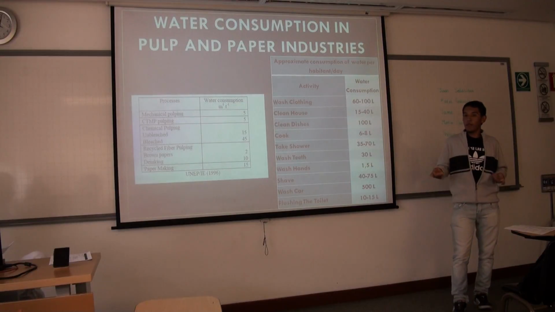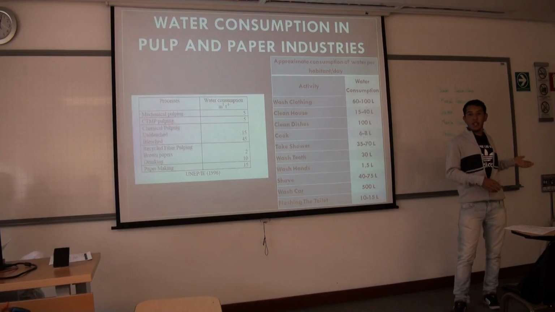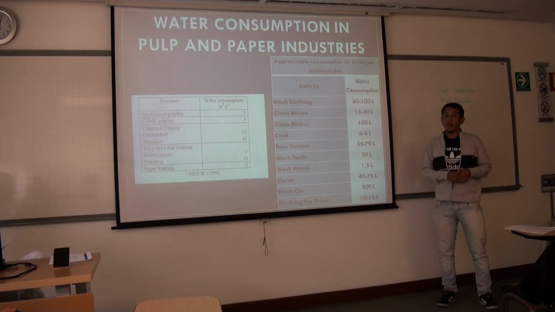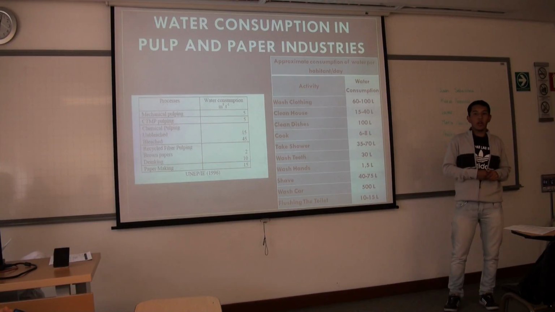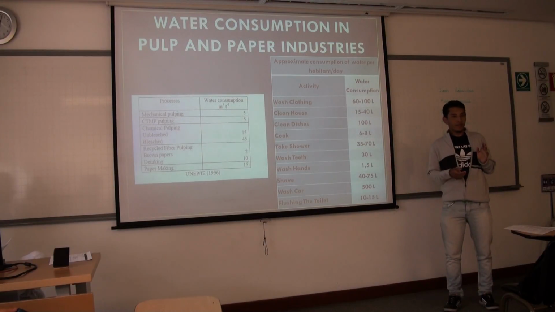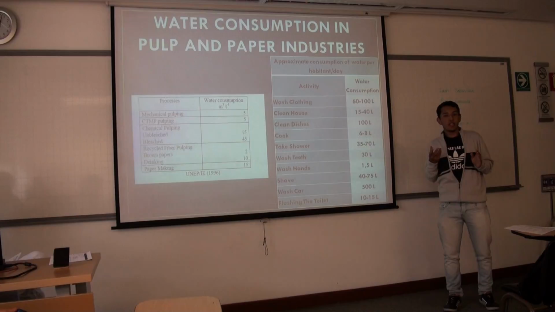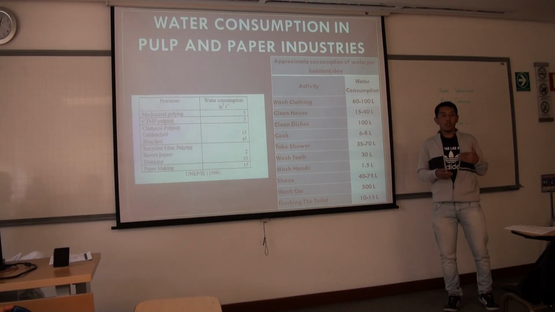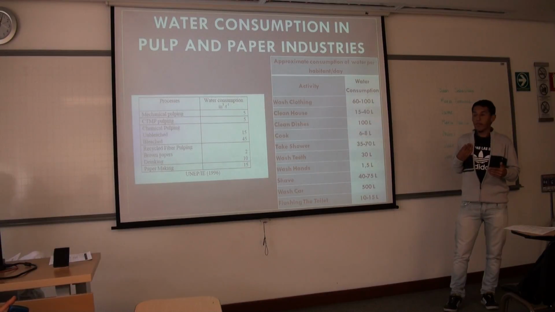So we have how much water they spend in each process, and in this table we have how much water we consume per day. So basically we can compare how much water the pulp and paper industry is wasting, and that could affect our daily living.